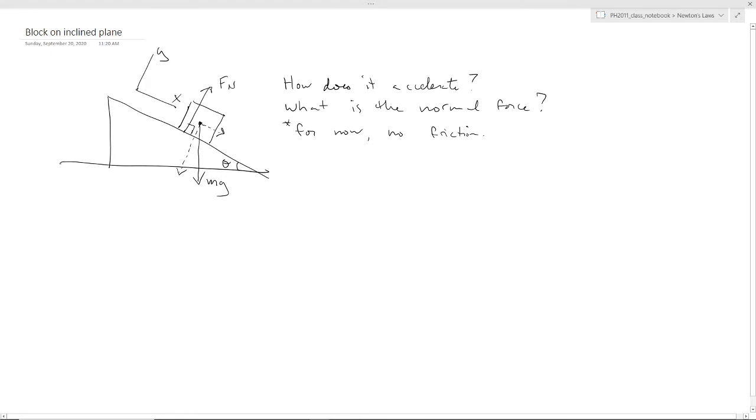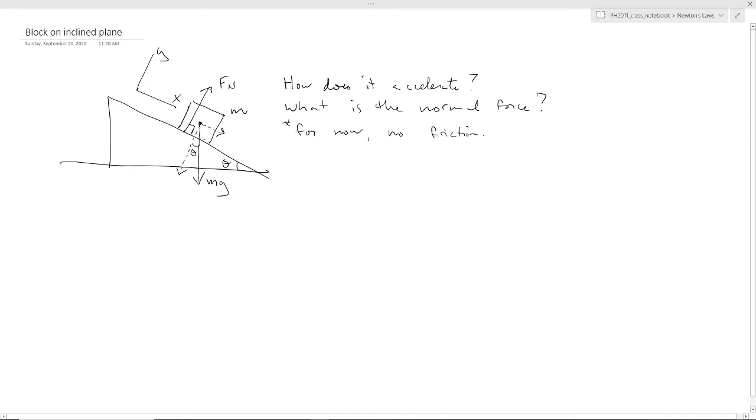This block would have some mass. I'll just put m here. You could think of this as the force of gravity in the y direction and the force of gravity in the x. Recognize this angle theta would also appear here. This is also theta.